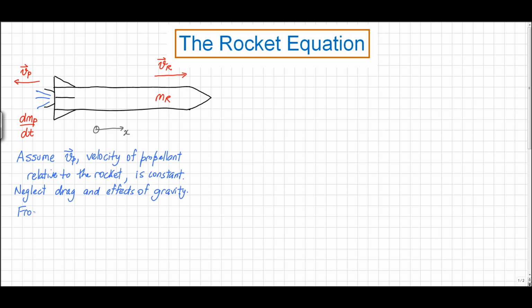We saw from conservation of momentum that we could relate the mass ejection to the effective force on a rocket or on any body ejecting mass. And we saw that come out in the form that said that effective force is equal to negative the rate at which we're ejecting mass, dmp dt, and the relative velocity with which we're ejecting that mass, vp. In our sketch here, we've got that vp is in the negative x direction.